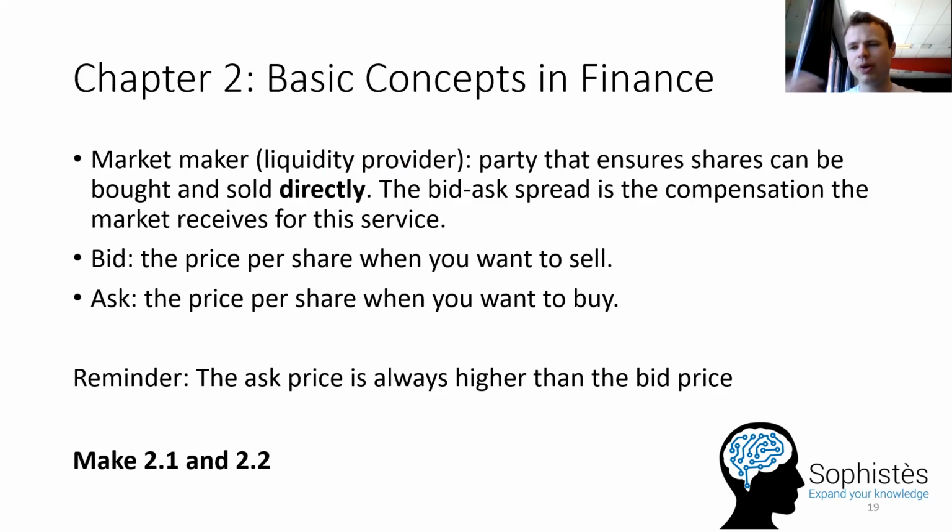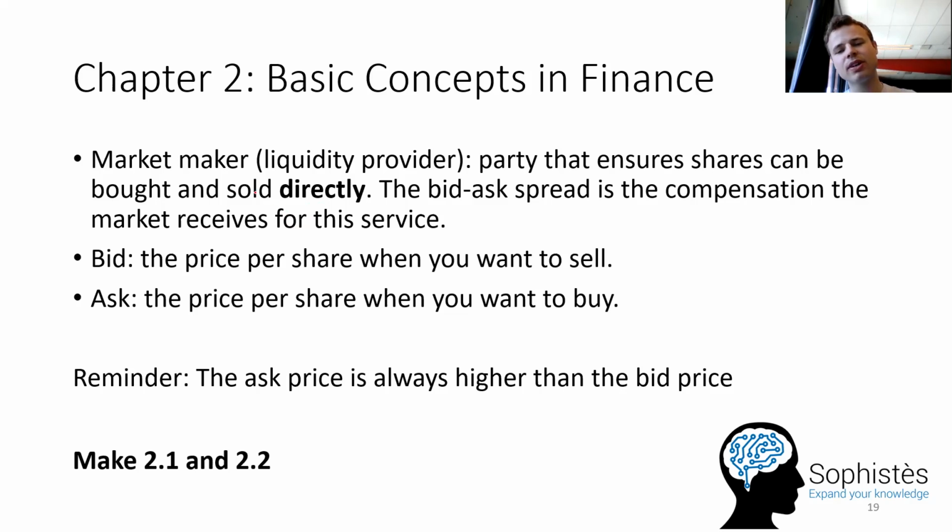Then it takes a long time before you meet that person. So the idea is that there's a market maker, and he makes sure that you can buy or sell your stock instantly, directly. You don't have to wait to get matched to someone.